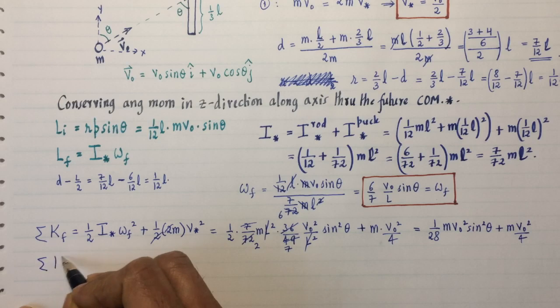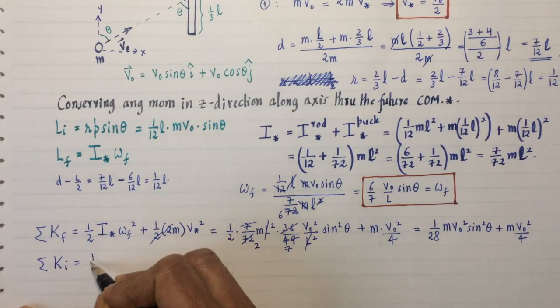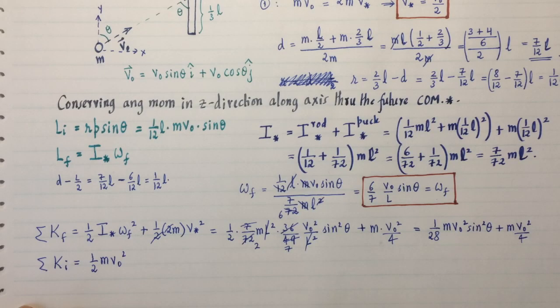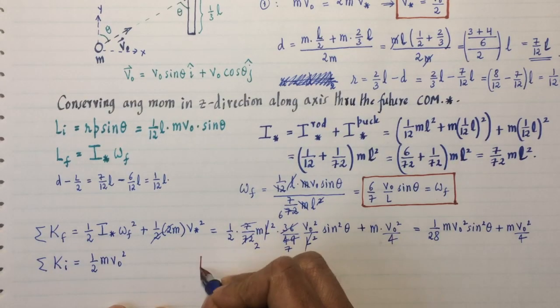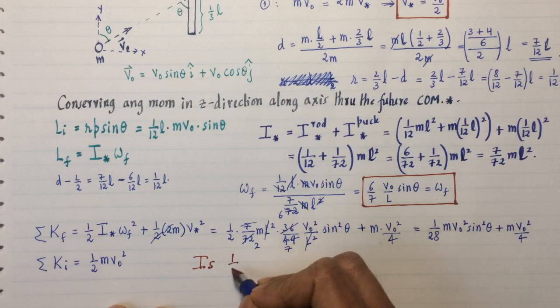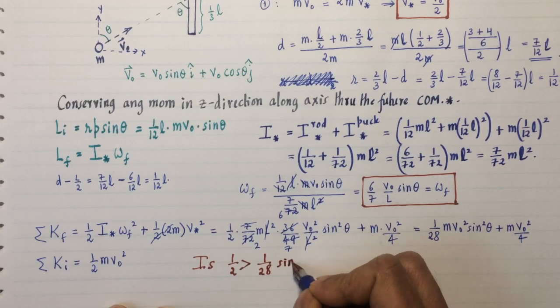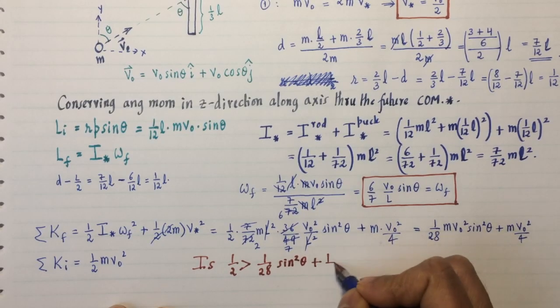The initial kinetic energy is just 1/2 m v squared because the puck was the only one contributing to the initial kinetic energy. So now the question is, is 1/2 bigger than that? That's the burning question. Is 1/2 bigger than 1/28 sine squared theta plus 1/4?